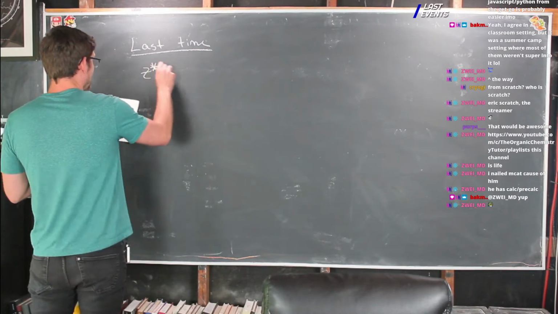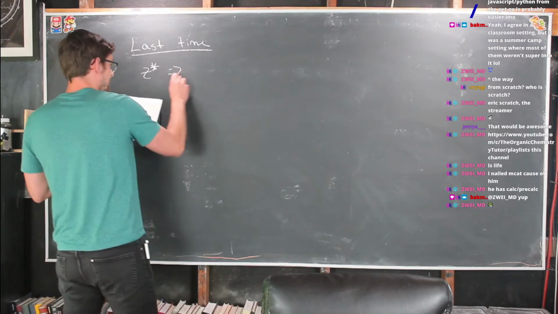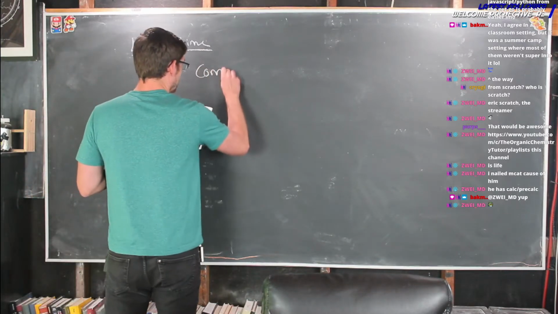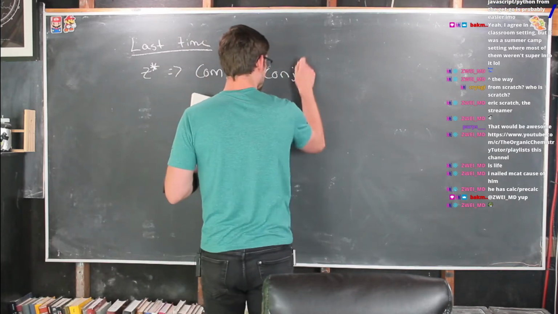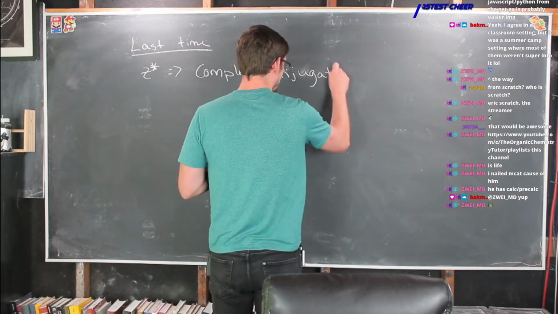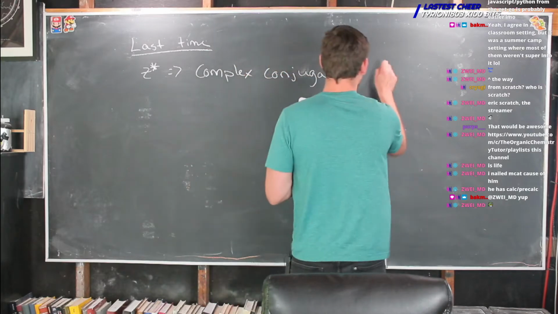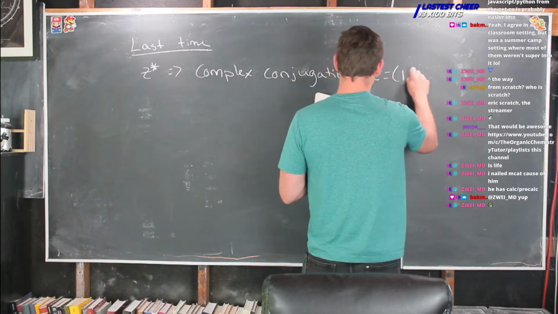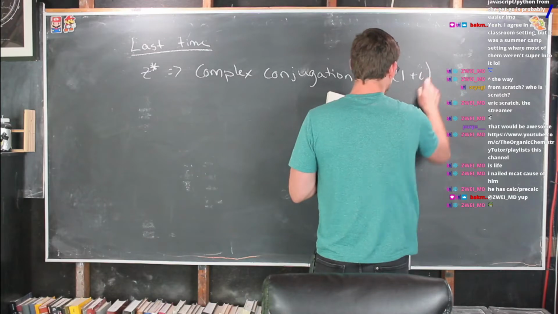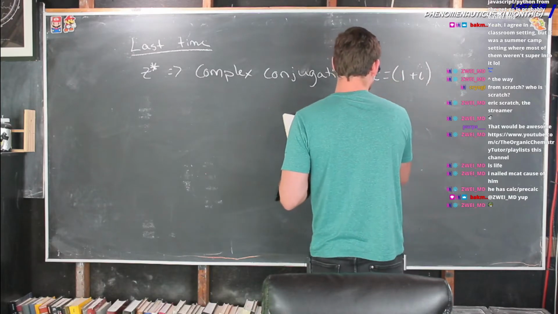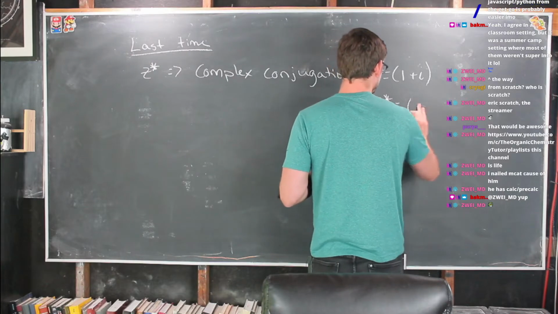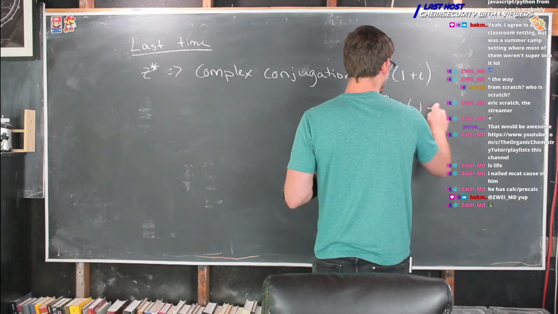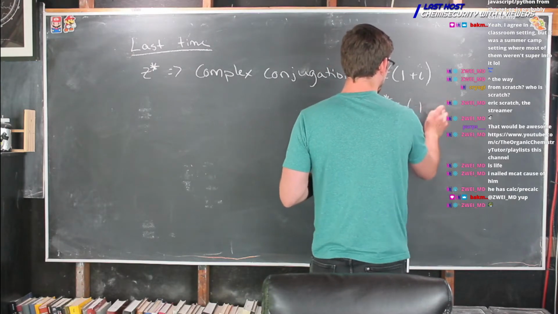We had this table. We had complex conjugation, which basically would take a z. If z was equal to 1 plus i, then the complex conjugation of z would just switch the sign in between the 1 and the i.